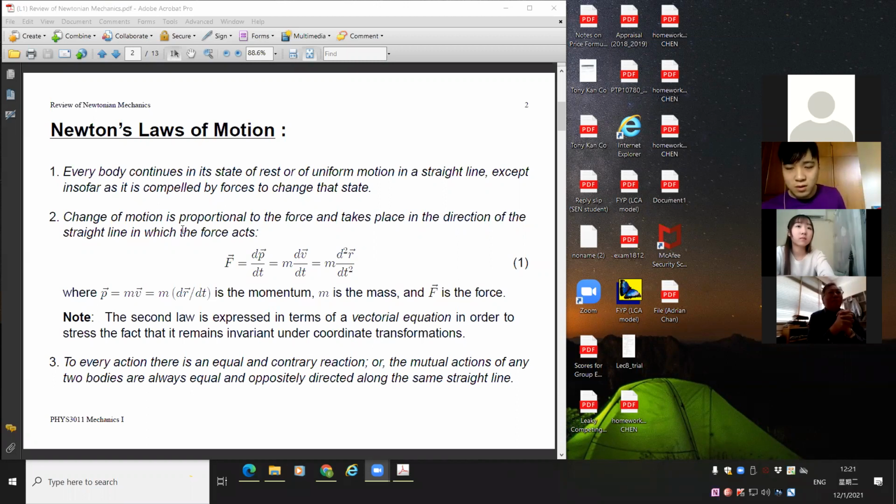Have you ever thought about this? Can we derive these three laws from some higher principle? Because we know that these three laws seem to be supported by empirical or experimental evidence. But why are they so?